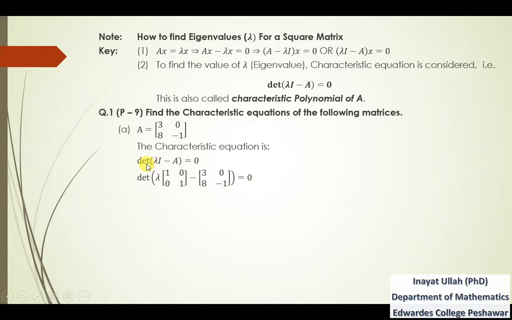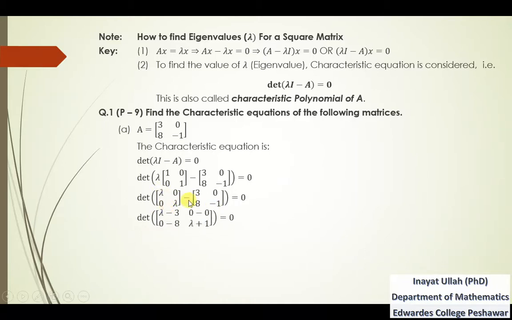So that will become determinant of lambda into I minus this matrix A. First of all, multiply lambda with all these 4 numbers, so that becomes lambda, 0, 0, lambda. So determinant of this matrix minus that. Now take the difference of these two matrices: first minus first, second minus second, third minus third, fourth minus fourth.